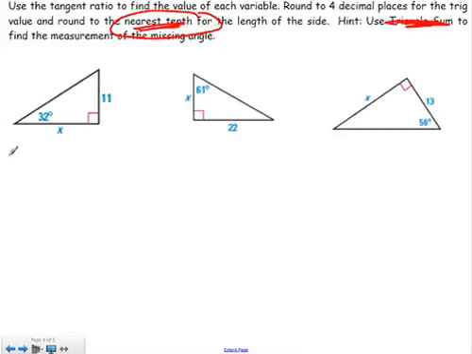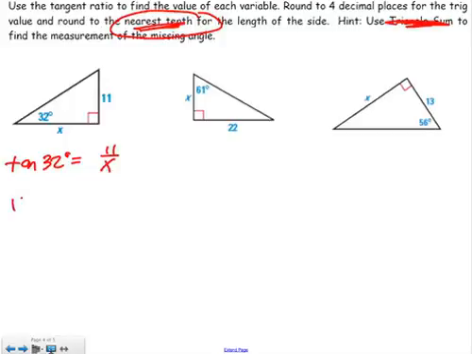So for this first one over here, we do have an adjacent side and we have an opposite side, so it's a big hint that we're going to be using the tangent function. So we'll just simply write this out. The tangent of 32 degrees is going to equal 11 over x, opposite over adjacent.